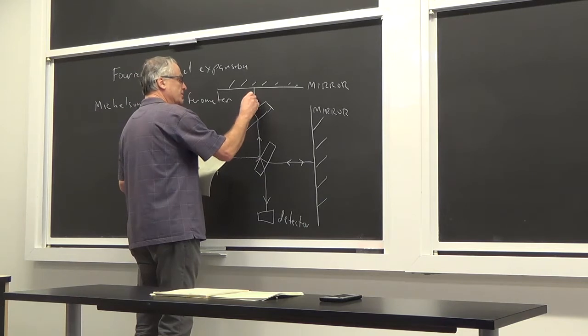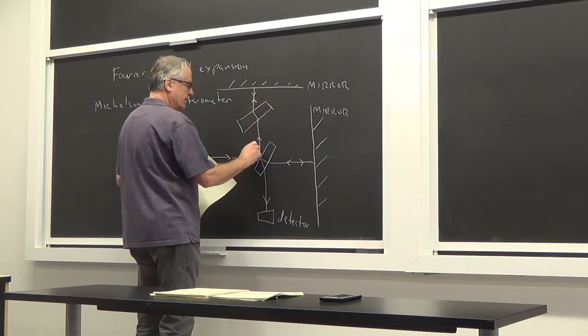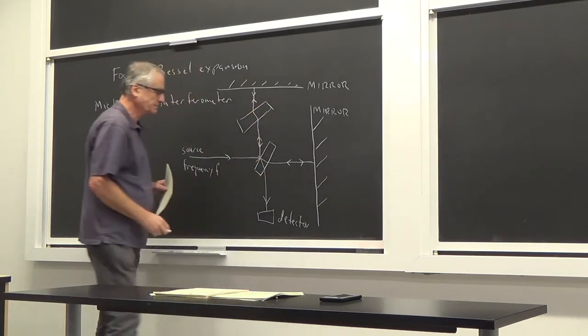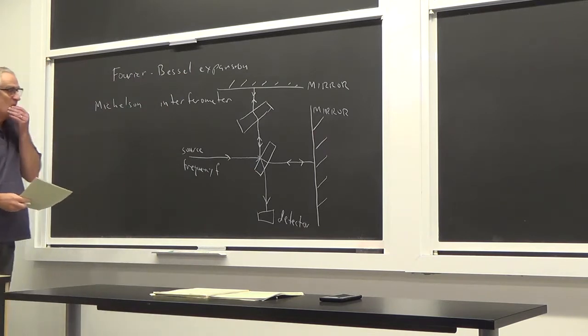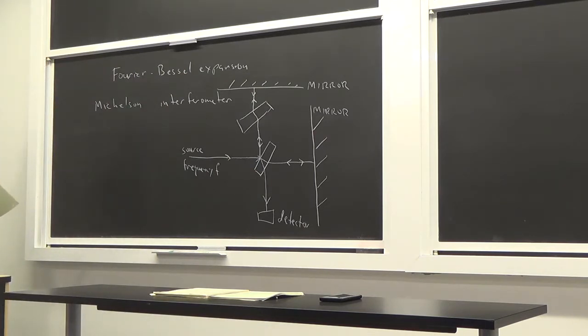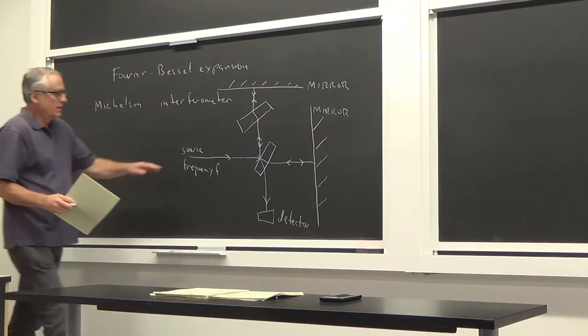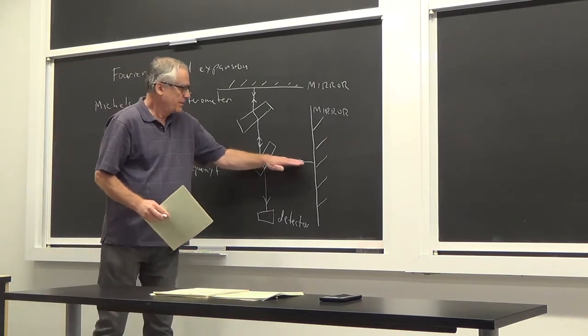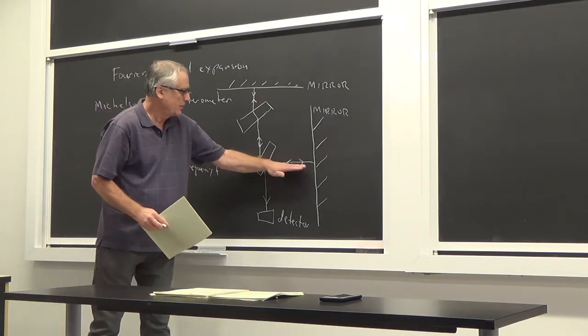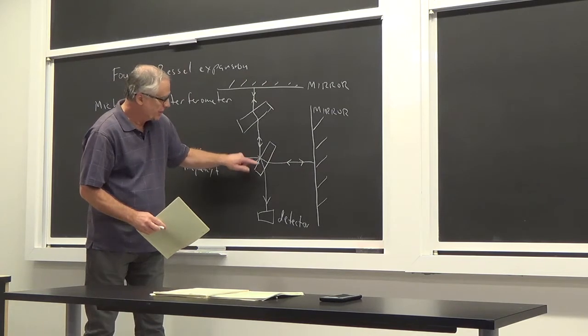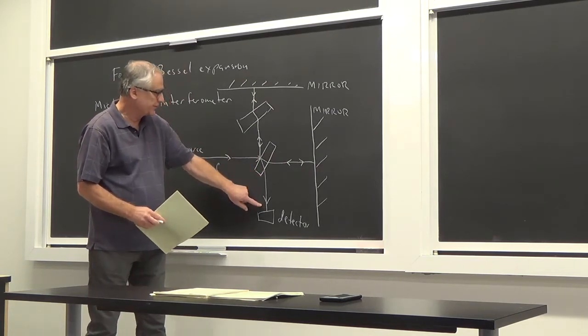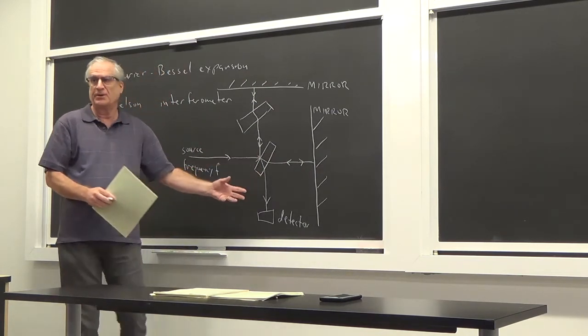So this beam goes up here and then bounces back and goes back down. And so there are 2 paths that the light can end up going through to get down to the detector, and so there can be interference.